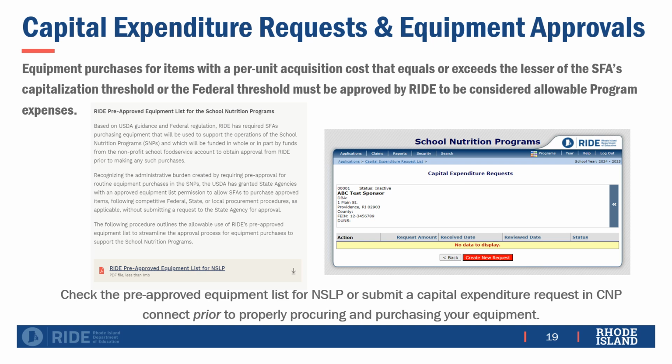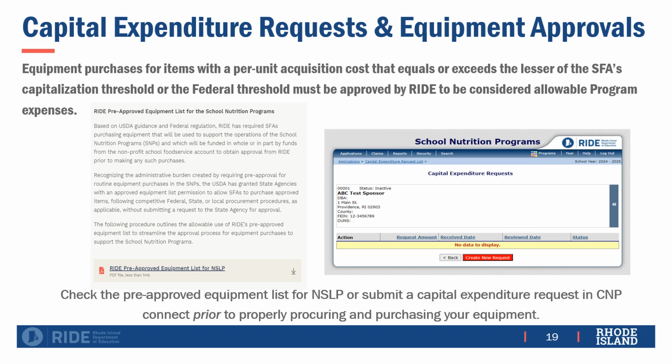RIDE has taken advantage of this flexibility and has established a policy titled Equipment Purchases in National School Lunch Program, which can be found on the RIDE website and which outlines the specific situations and common equipment purchases that do not require specific approval from RIDE in order to be considered allowable program costs.